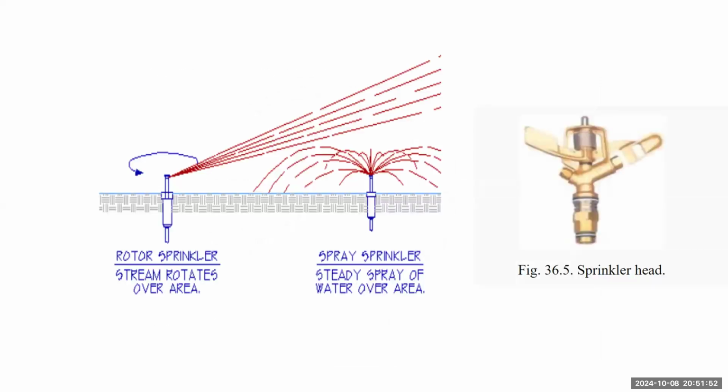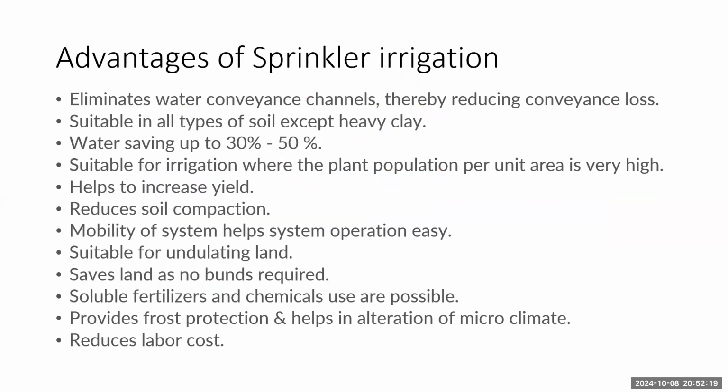These sprinklers have different types of nozzles. Sometimes they are called spray sprinklers; they are steady and they spray water over the area. Sometimes rotary sprinklers are used, where the stream rotates over the area. So this is about the sprinkler head and types of sprinklers.